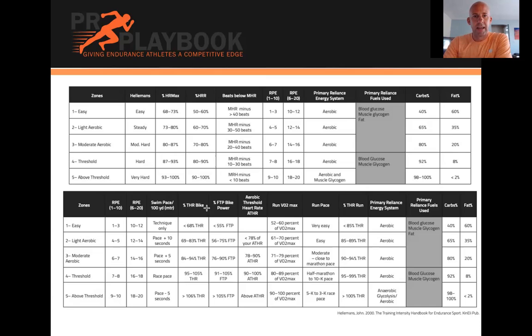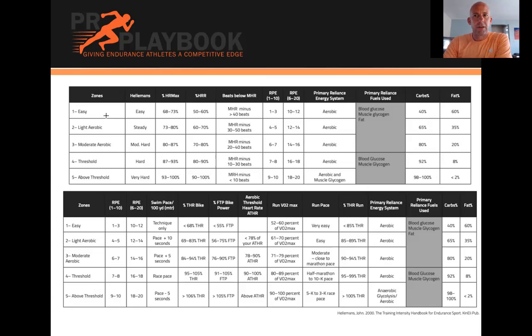You have the percent of threshold, and then for cyclists, the FTP bike power, as well as run VO2 max, run pace, percent of threshold for the run, and then again, the energy system and carbs and fats that are being burned. So let's dive into the zones 1 through 5.